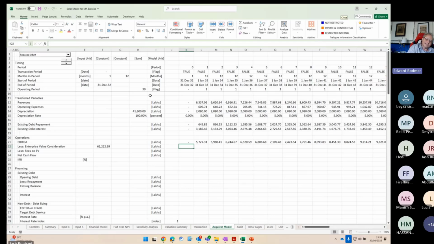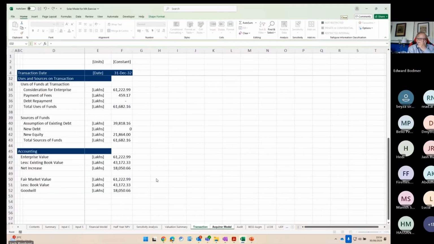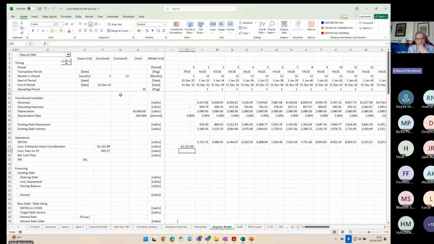So that's kind of less our CapEx, put an equal sign, go back all the way and get that number and lock it and multiply it by the little flag we have for the transaction period. Okay, and then you can do the same thing with the fees. So go to column F, get the fees in column F, and do the same thing, multiply that fees by the transaction period again.